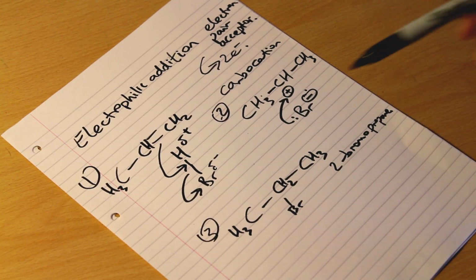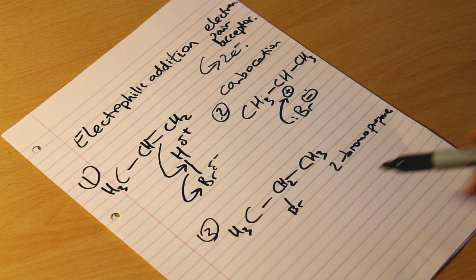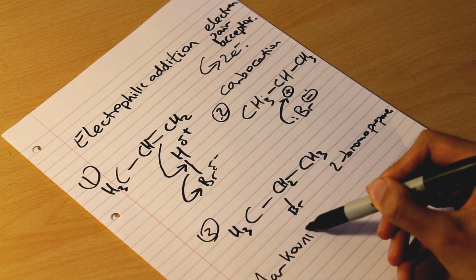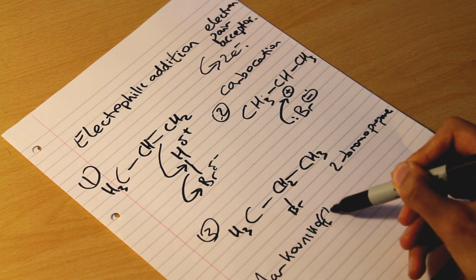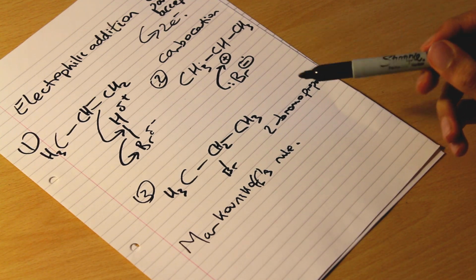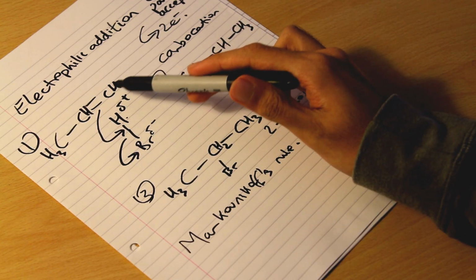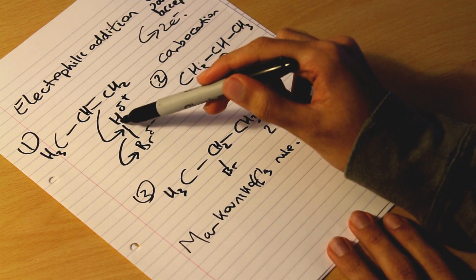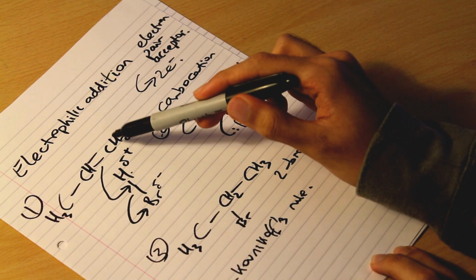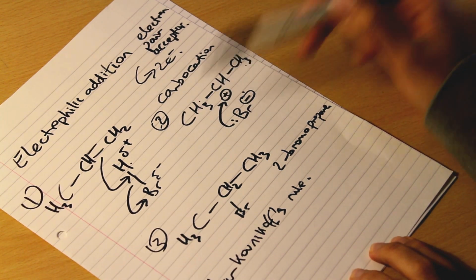Now the reason that the bromine attaches to this middle carbon for the major product is Markovnikov's rule. Markovnikov's rule states that the hydrogen, which is this one here, attaches to the carbon with most hydrogens on it. So this hydrogen would attach to this carbon here, which is why the CH3 forms. So the hydrogen goes to the third carbon in the chain, or the first carbon, because it's symmetrical.